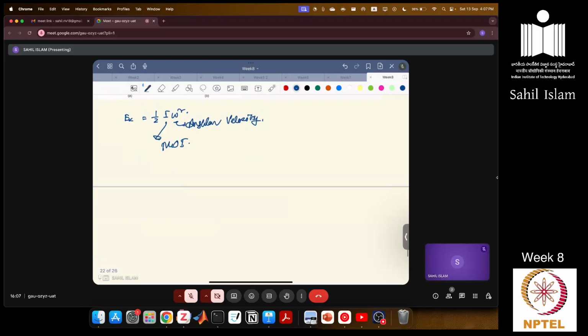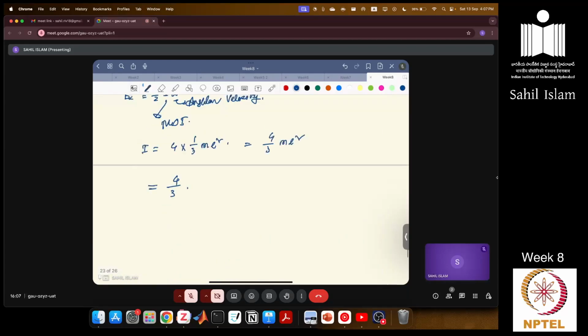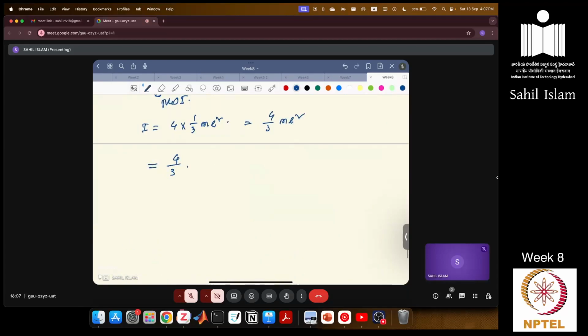So total I will be 4 blades times 1/3 m l square, so 4/3 m l square, which equals 4/3 times mass 50 kg times 4 meter square.